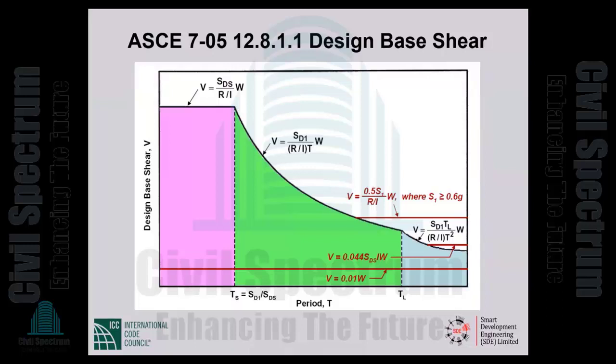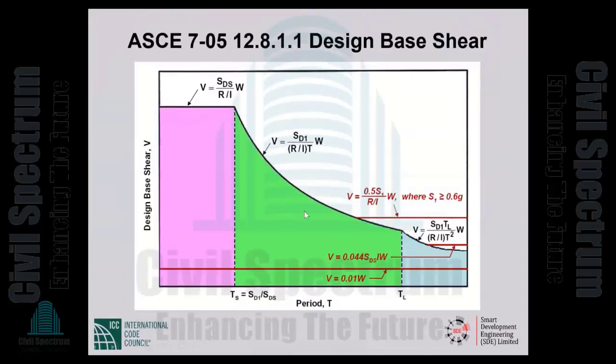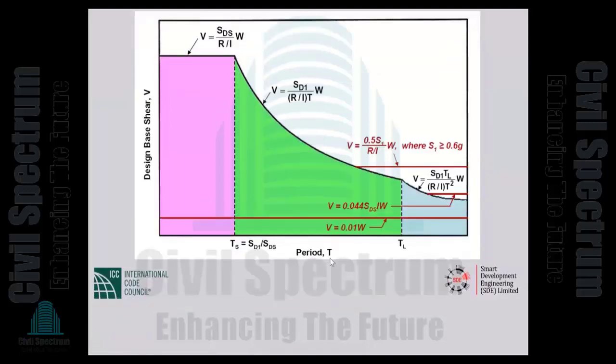We raise the spectrum by I, lower it by R, and we impose minimum design base shears. This minimum 0.44 S sub DS I W, by the way, was eliminated from ASCE 7-05. You will not see it printed there, but then things happen and we had to bring it back. So that is kind of an important minimum. Remember that.